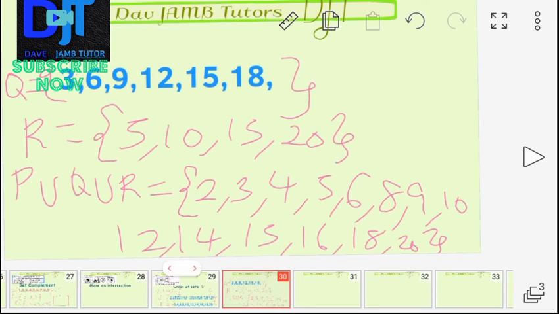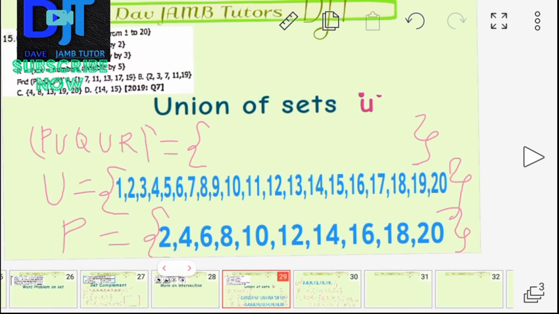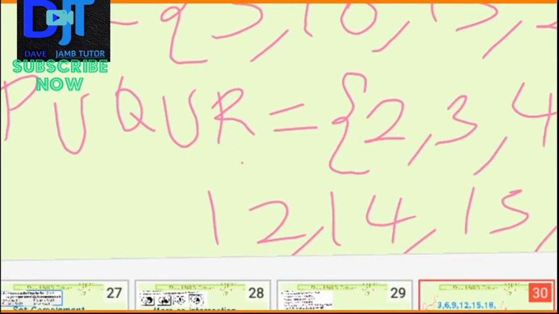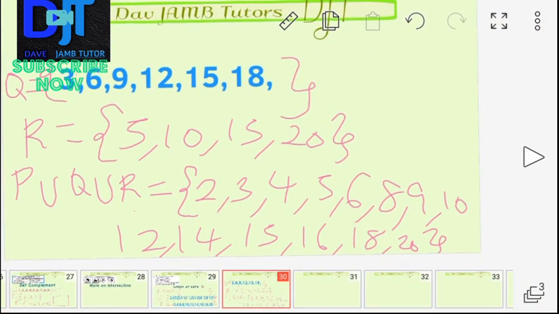So to find the complement of P union Q union R, we have to look at the universal set and see what is left in the universal set which is not here. That is what I mean.